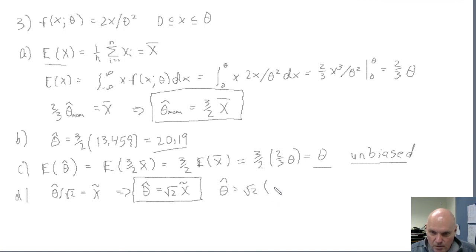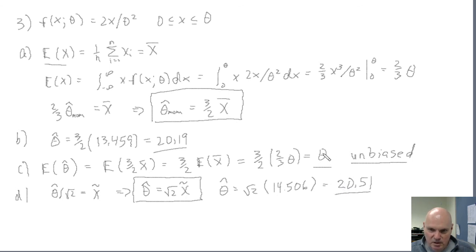Square root of 2 times 14.506 becomes 20.51, yet another estimate for theta for this particular problem. Again, it's pretty close to the method of moments estimator, and again, it is larger than any of the individual sample values. Not really sure which of these would be a better estimator.